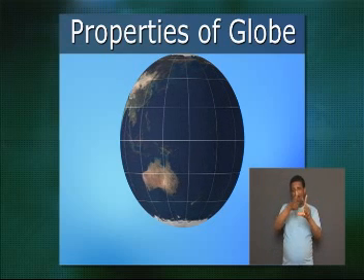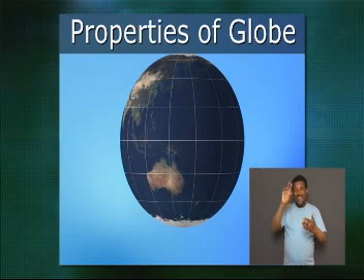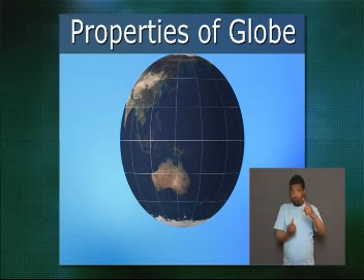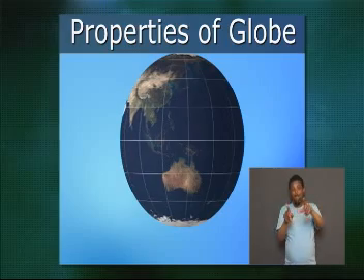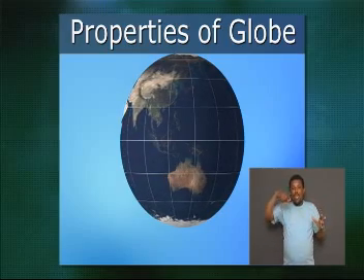All meridians converge at the two poles, and all circles of latitude are parallel with the equator and with each other. After the lesson, you will have time to discuss some more of the properties of a globe with your teacher.